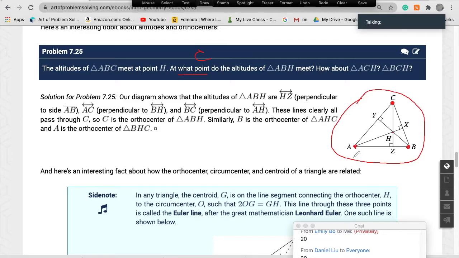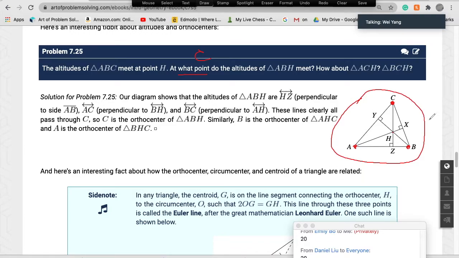Right? This actually is what we did for the first problem, to prove the altitudes of this triangle are concurrent. When you draw a line parallel with each side of this triangle, then you get a new triangle.